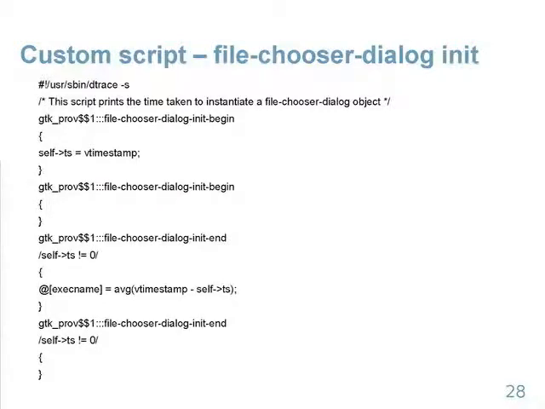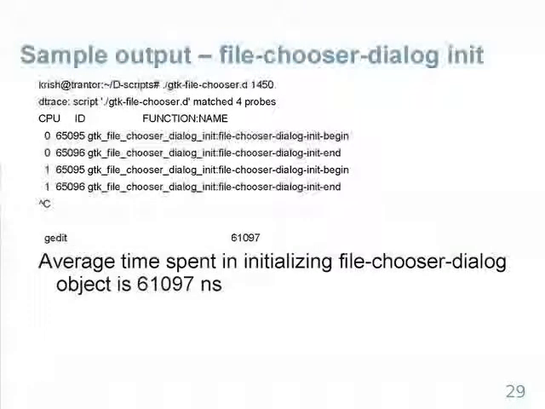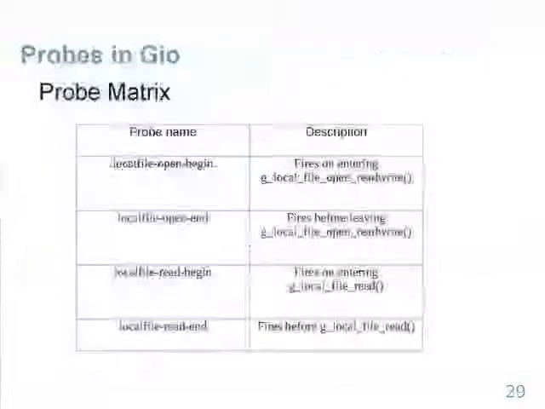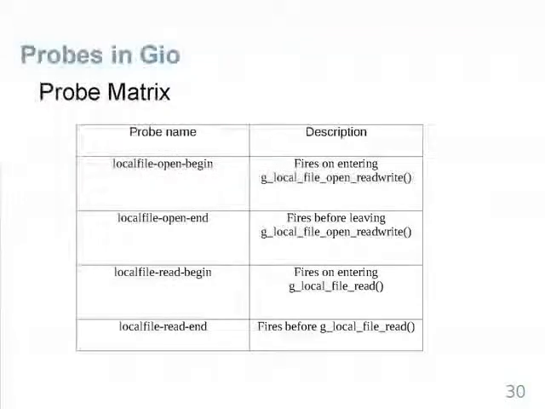This is another script which computes the time taken and averages the time spent. This is the output for that. We can add more probes into different portions of widget creation, widget drawing and so on for various other widgets as well, and collect information on whether it's running in acceptable time limits.